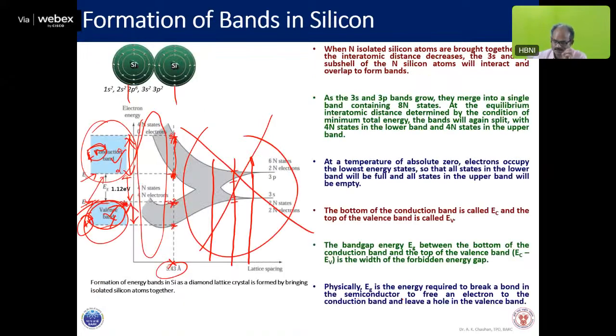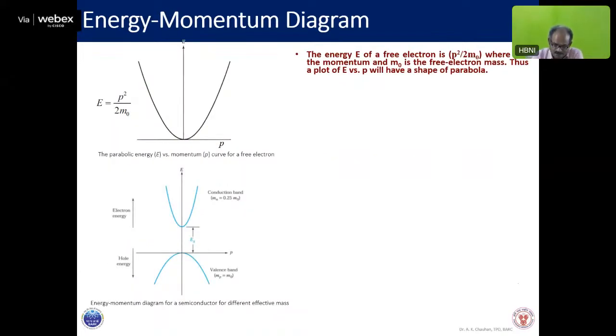From this, always bear in mind that all energies are not possible. Just remember this point, because there is a gap. These energies are not possible. Now, the energy is related to the momentum by p square by 2m0.